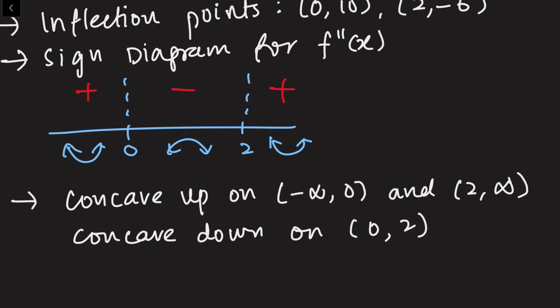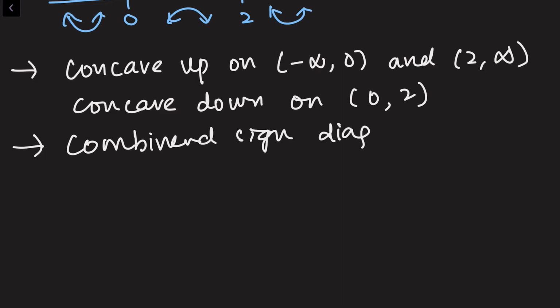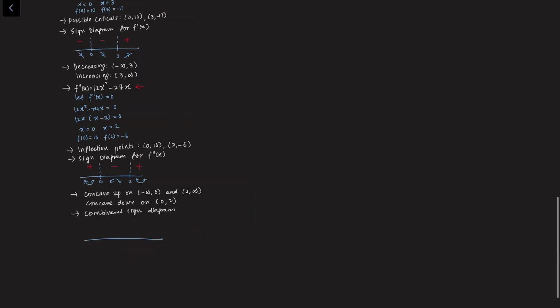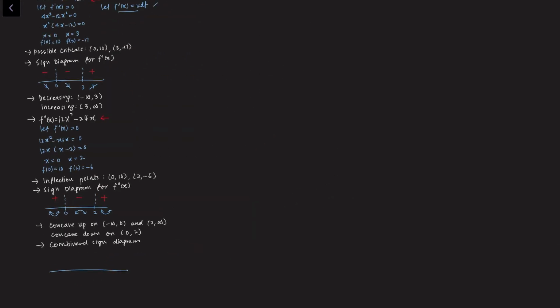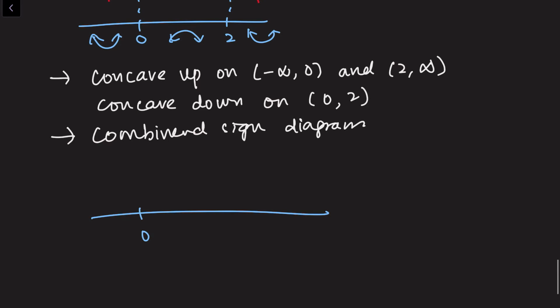Okay, then the next thing that you might want to do is the combined sign diagram. Combined sign diagram, and I think I better use 2 colors for this. Because we have possible criticals and also inflection points. Okay, 0, 2, and 3. This is your that one, right? Then 0, 2.